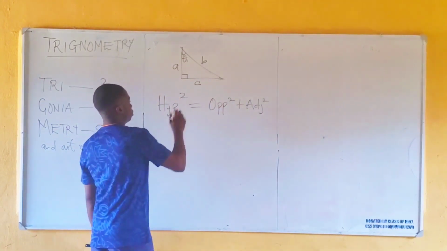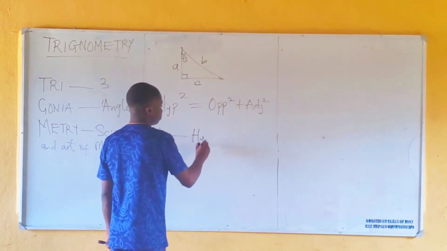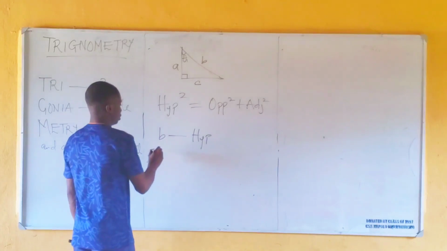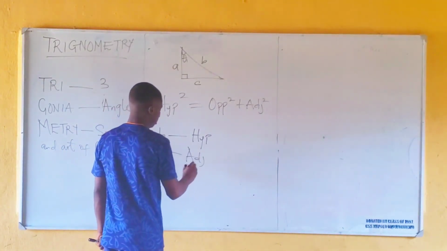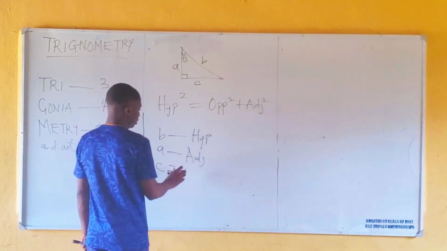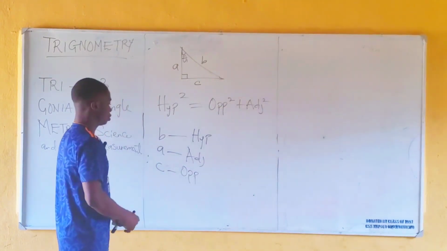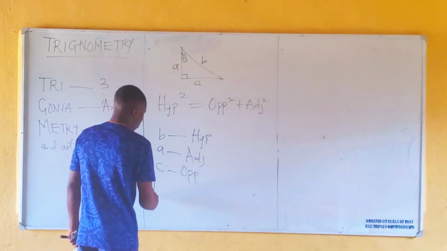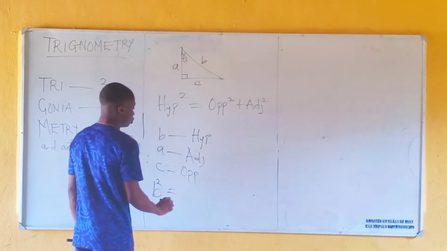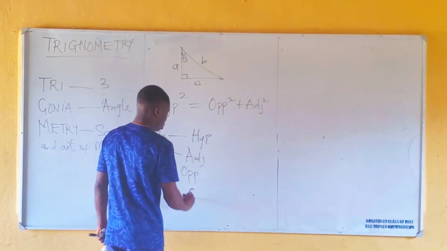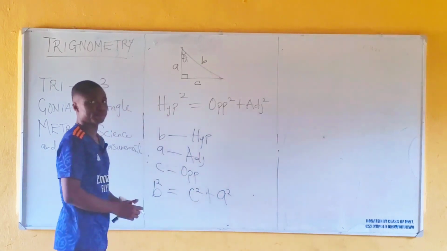Now, B is the hypotenuse. A is the adjacent. And then C is the opposite. So we have B squared equals C squared plus A squared.